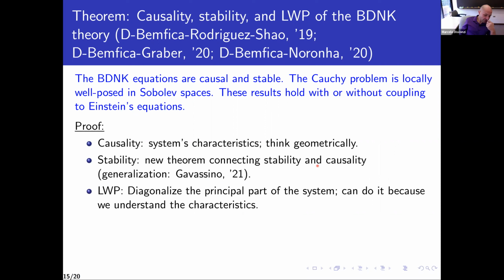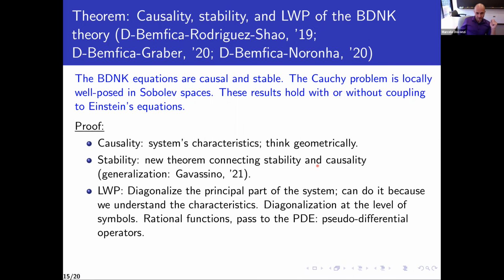Now, for local well-posedness, this system does not have diagonal principal part, but what we do is diagonalize the principal part of the system. We can do it basically because we understand the characteristics in detail. Now, there's a caveat that the diagonalization is actually at the level of symbols. To really pass from the symbol to the PDE, the symbols now involve some rational functions.